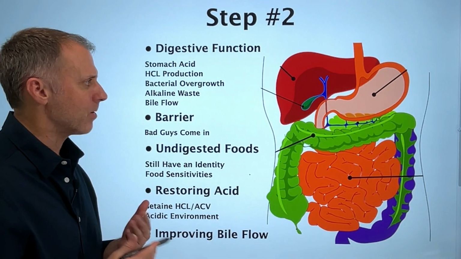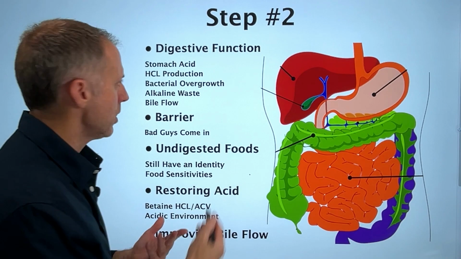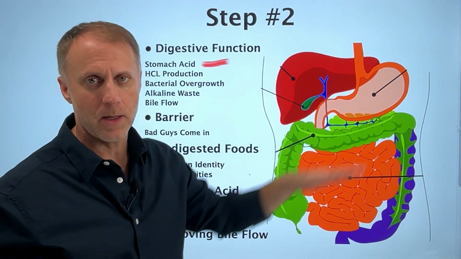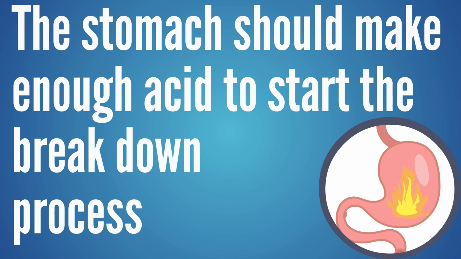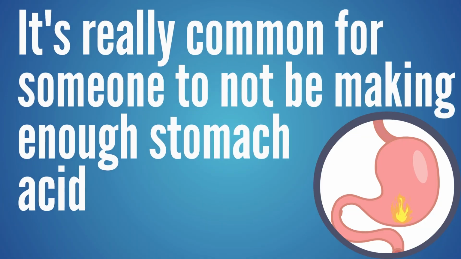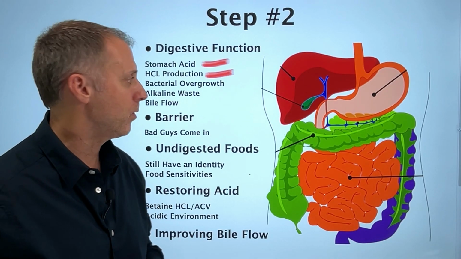And why that matters for leaky gut is because we really need this stomach acid function working, because when the food comes in, the stomach should make enough acid to acidify that food and start that breakdown process. We need to have that HCl production there, and it's very common for someone not to have enough stomach acid to really acidify their food correctly.